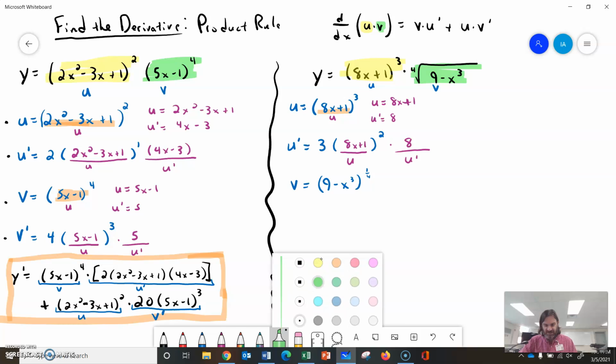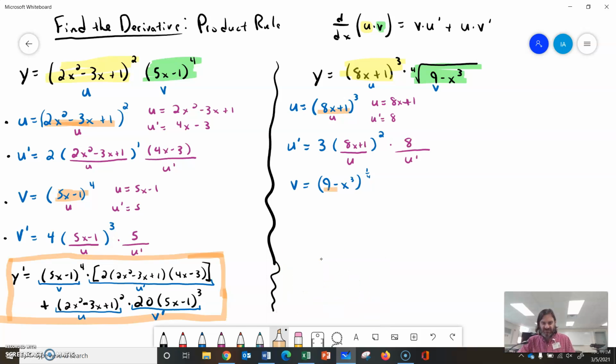Okay, so I'm going to identify that I need a chain rule because there's something inside the 1/4 power. So that u for the chain rule will be u equals 9 minus x cubed. So u prime will be negative 3x squared.